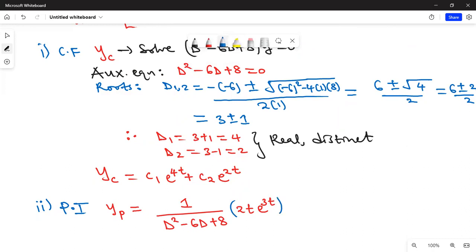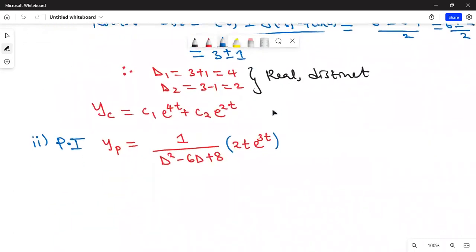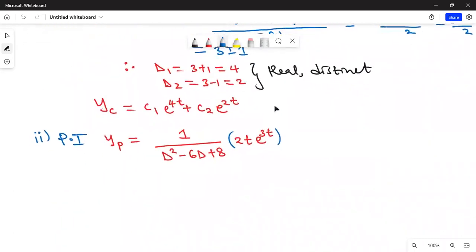So here is a product of a polynomial and an exponential function. So what you do is to use the exponential shift rule. So let me shift this to the left of the D operator.